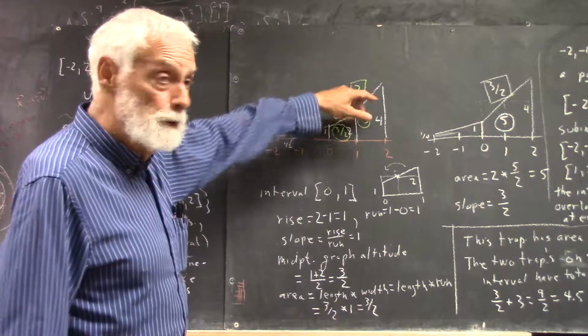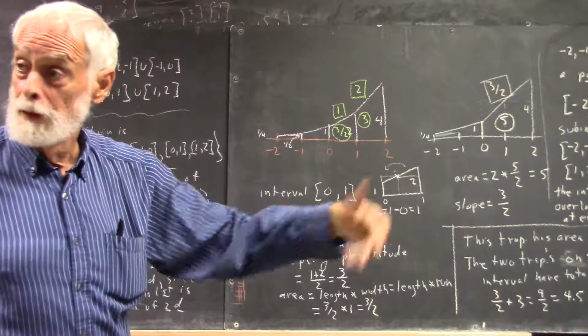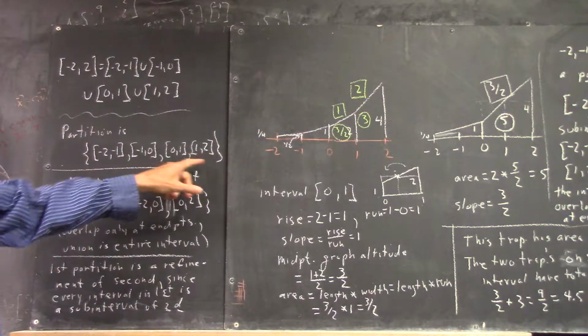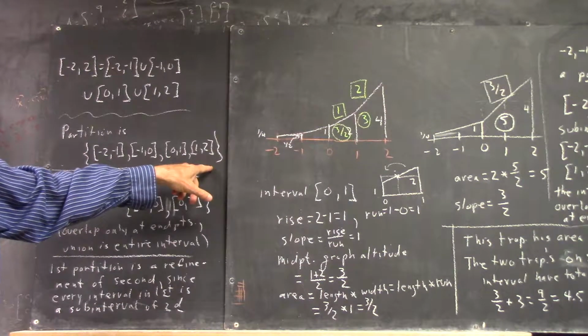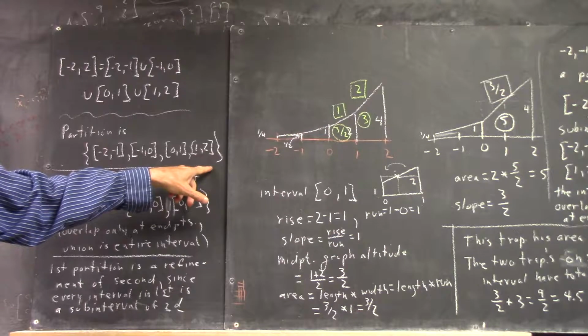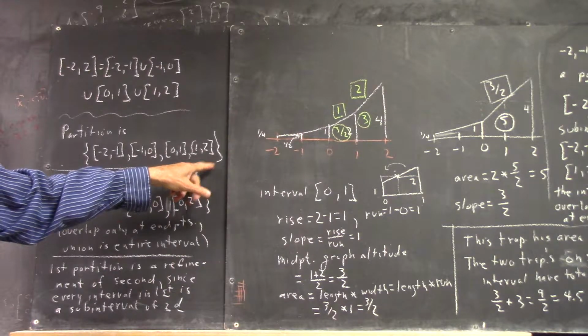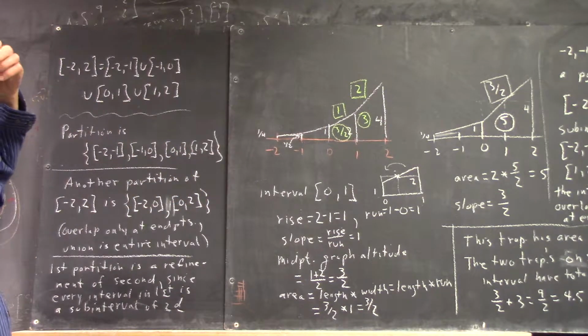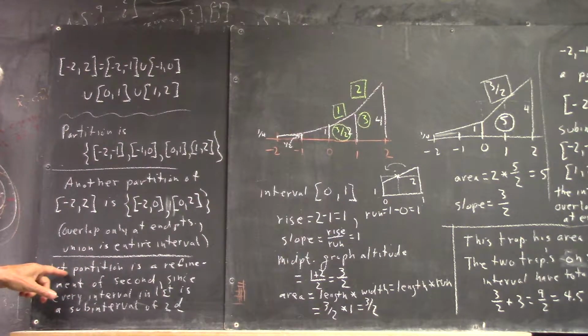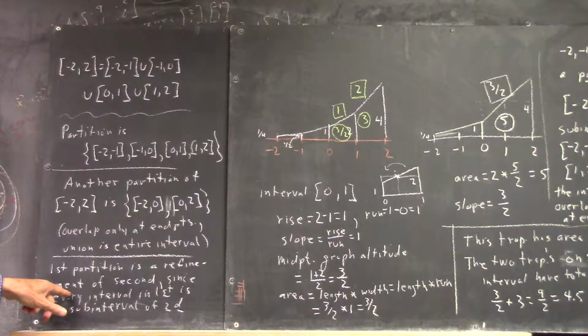Okay? Okay, so this is the trapezoidal graph that corresponds to the exponential function on this partition. Okay? Now, this trapezoidal graph, which we could complete the labeling of if we wanted to, corresponds to this partition, doesn't it? Make sense? Okay? The first partition is a refinement of the second.